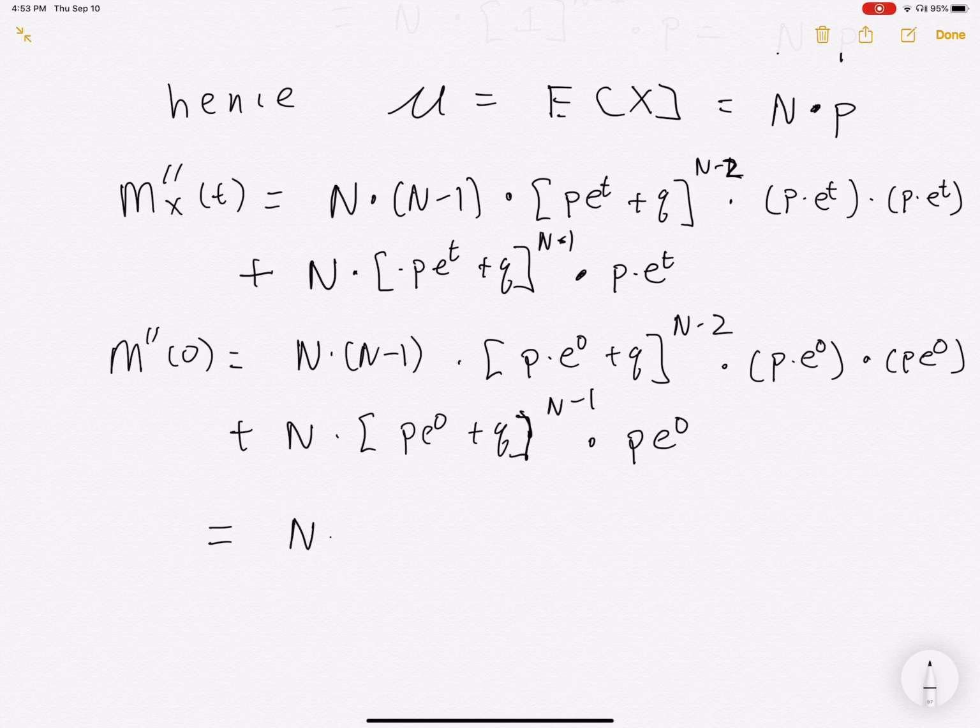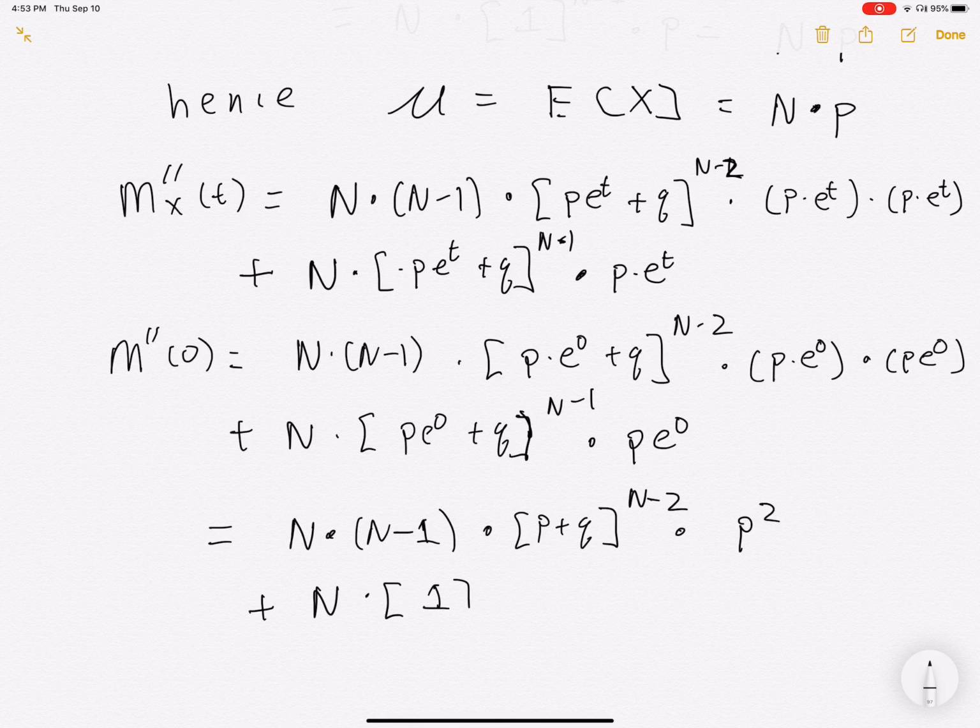We're going to have n times (n-1) times (p plus q, that's 1) times p squared, plus n times 1^(n-1) times p.